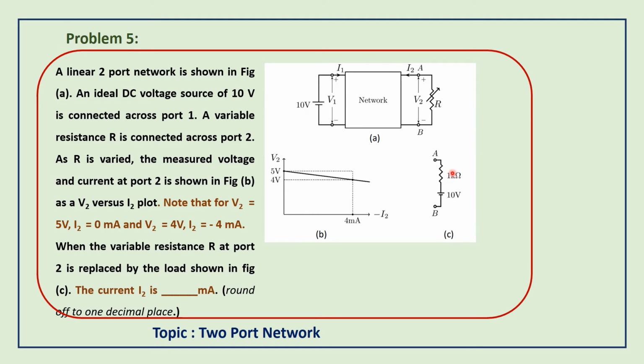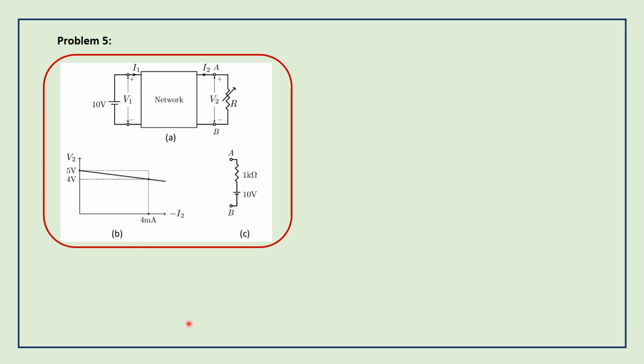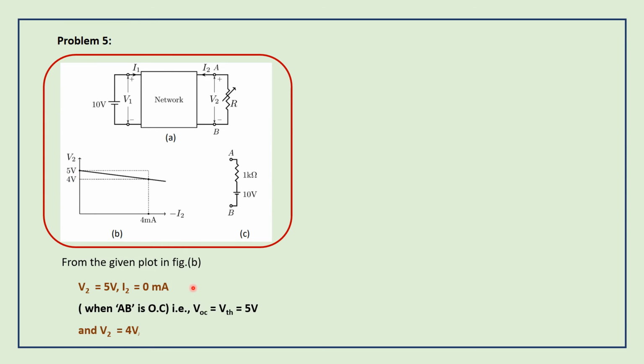What I am going to do is apply Thevenin's theorem. I am taking the graphical plot first. From the graph, we have found V2 equal to 5 volt at I2 equal to 0 milliamps.